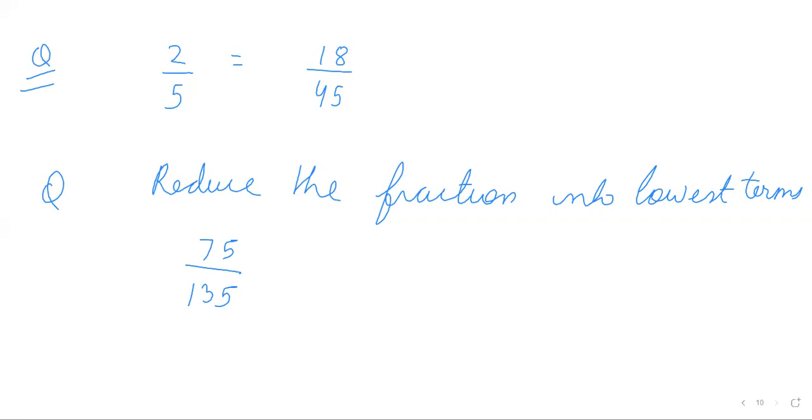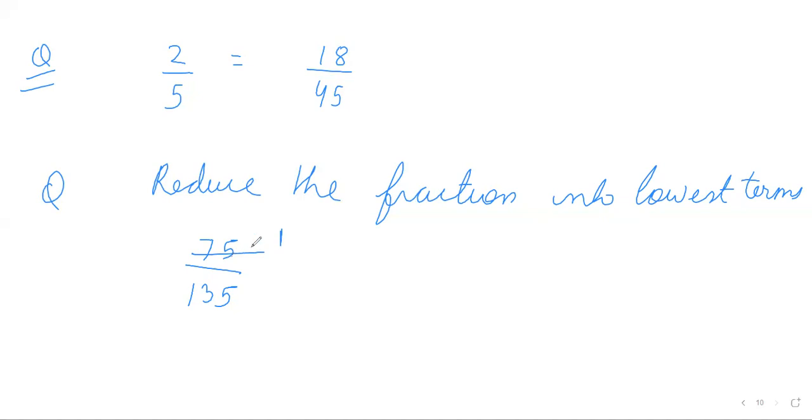No problem. So see, if I write the factors of 75, or you just cut it by 5. Do you know how to cut it? Since these two numbers are ending with 5, so I can cut it by 5. If I divide 75 by 5, then 5 ones are 5, then 2 remains, 25.